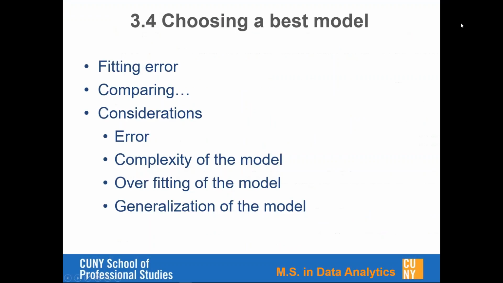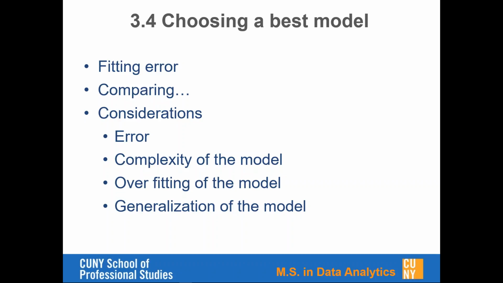Now we go to 3.4, which is choosing the first order of a best model. So you look at the fitting error, you compare different models, you think about the error term, the complexity of the model, whether the model has an overfitting issue I already mentioned earlier, and whether the model itself has any generalization capability. And then you would be able to pick the best model.